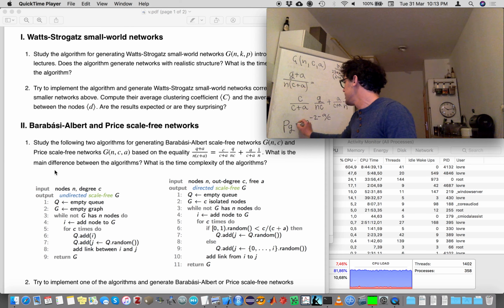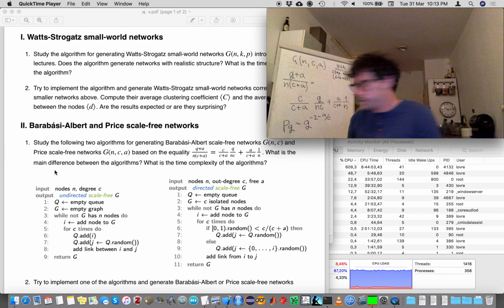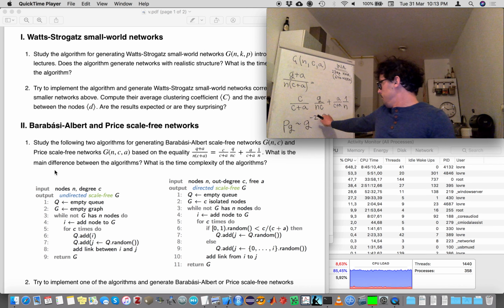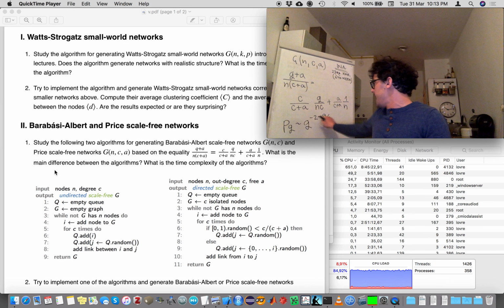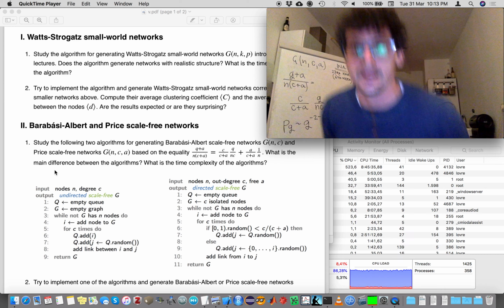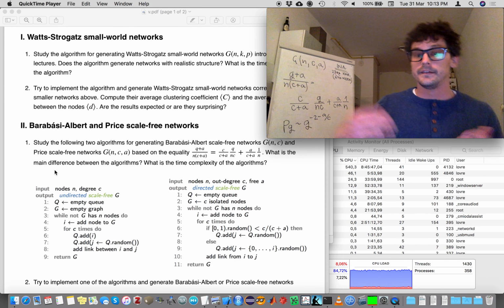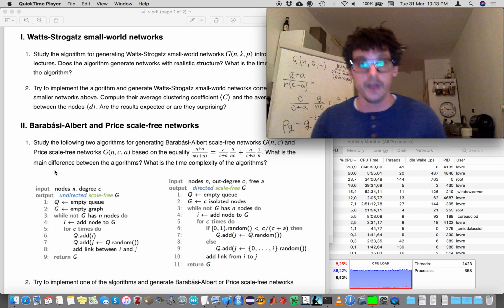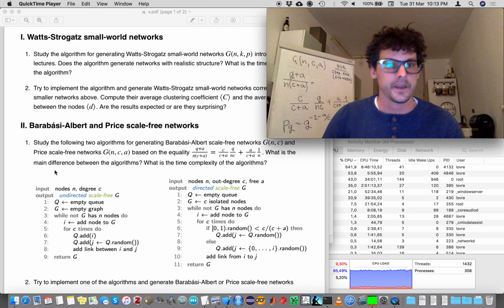So the in degree distribution will follow a power law, and we are free to set these two parameters a and c however we want in order to generate networks with different power law exponents.